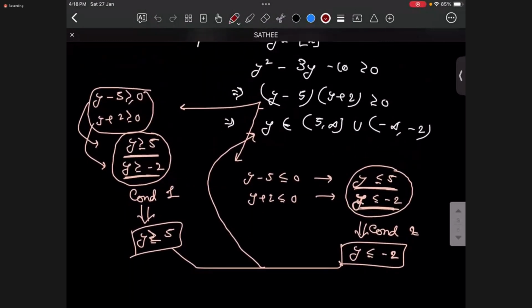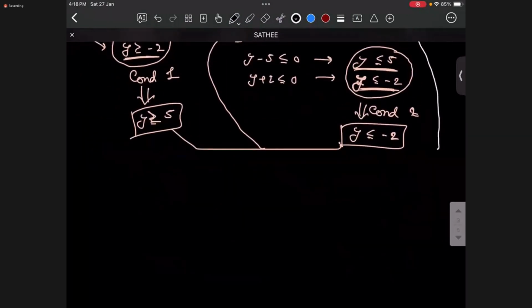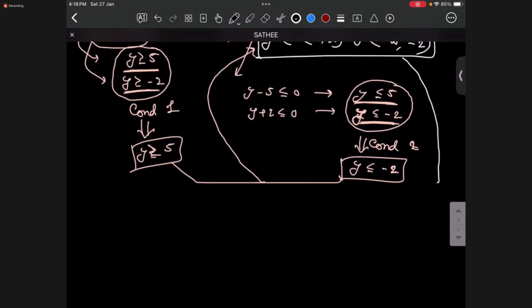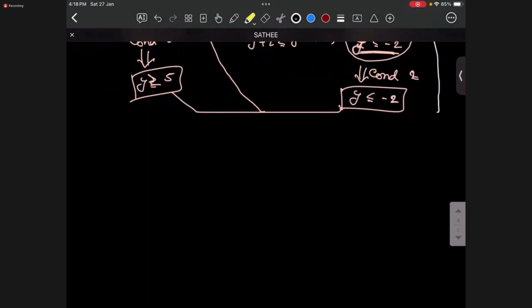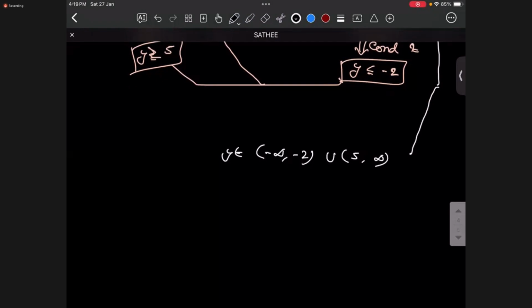Okay. So thus we got this expression. From this we have y belongs to either minus infinity to minus 2 union 5 to infinity. Okay, now we can replace this y by our greatest integer function.